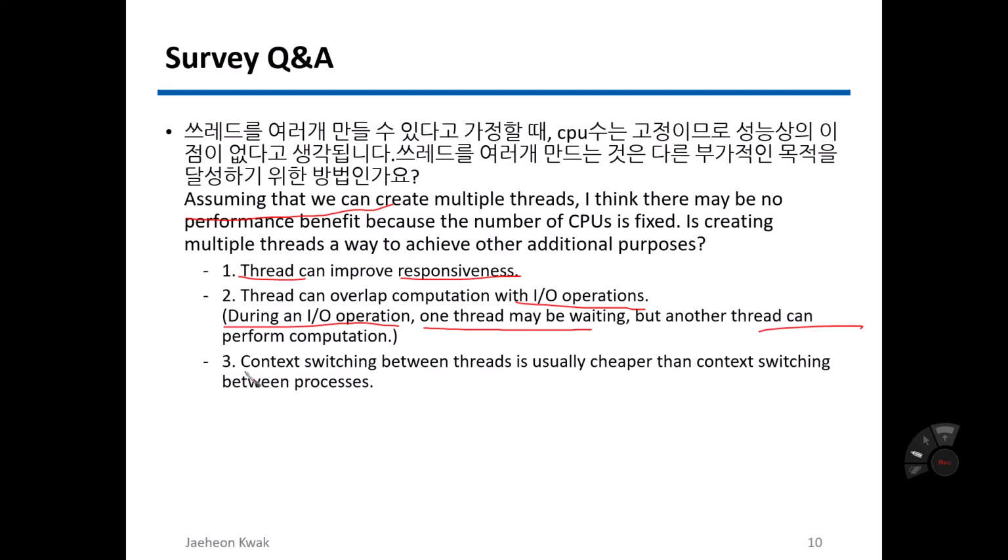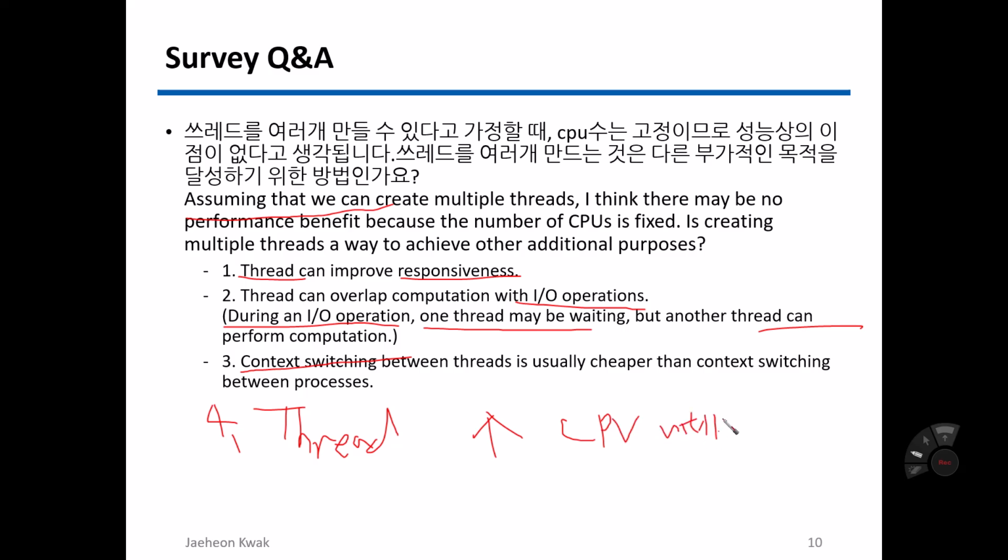Also, context switching between threads is usually cheaper than that of processes. And most importantly, using threads can increase CPU utilization.